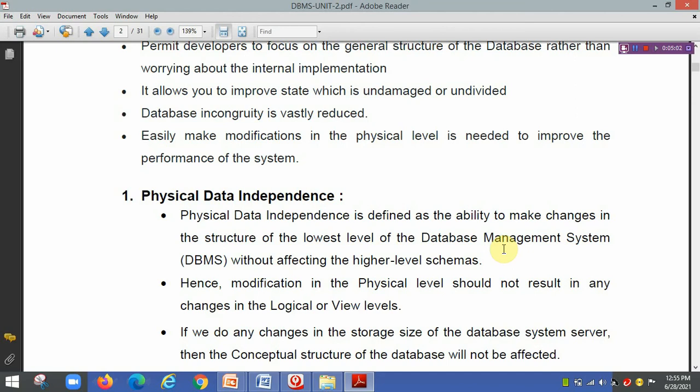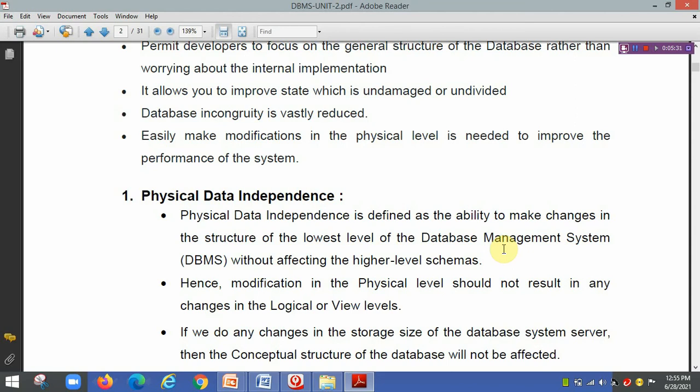Physical data independence has the ability to make changes to the structure of the lowest level of the DBMS or database management system without affecting the higher level schema. That means here it can change the structure of the lowest level schema without affecting the higher level schema.